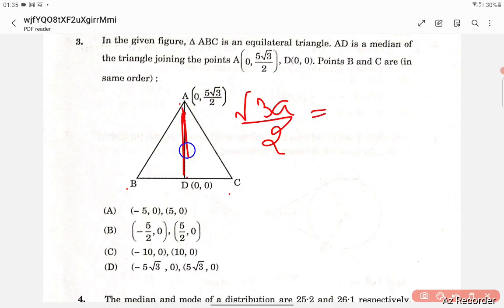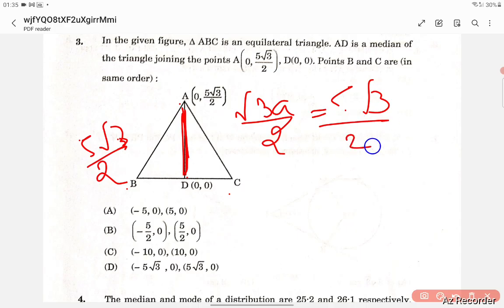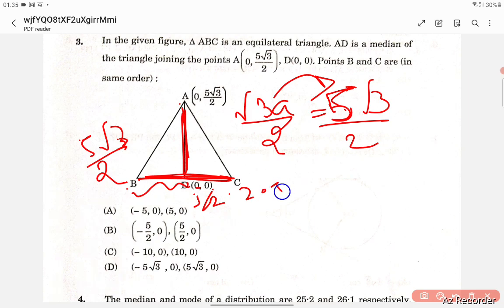This is the height. So the height is also equal to 5 root 3 divided by 2. That is the height of the triangle. Now on comparing, a is 5. So the side of the triangle is 5 units. So BD is 5 by 2, that is 2.5 units.